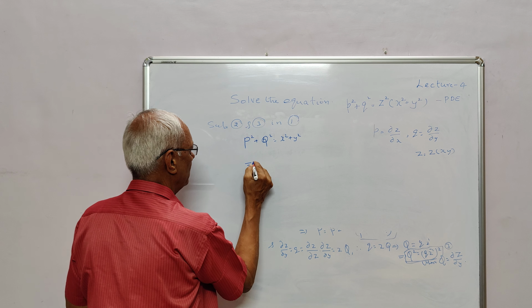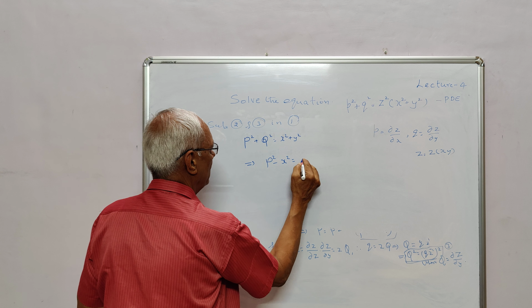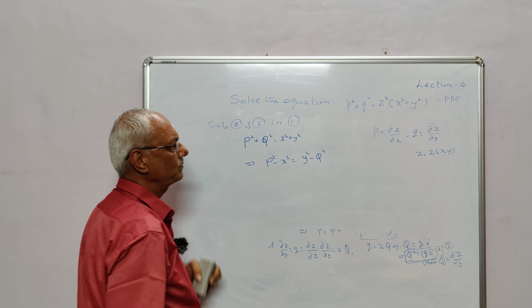Okay, so what I will do here is, this implies P square minus X square is equal to Y square minus Q square.